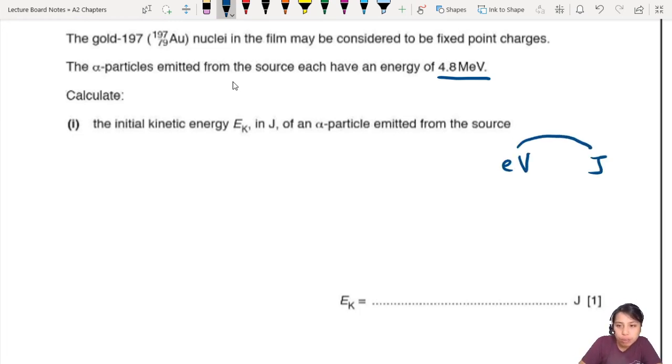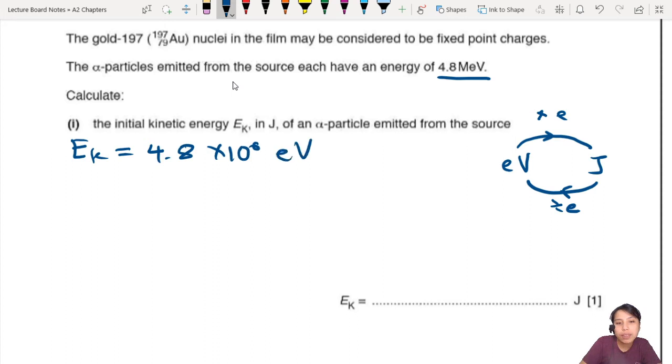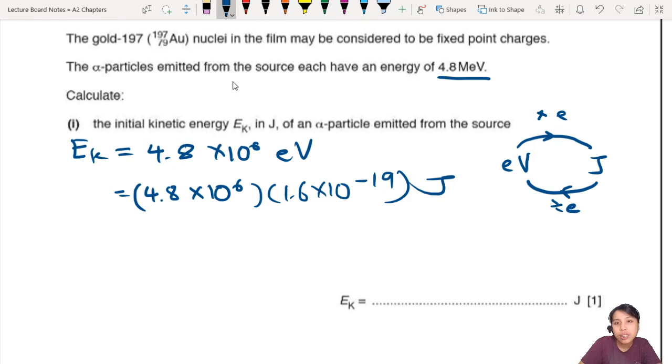If you want to get from eV to joule, you multiply by e. If you want to go from joule to eV, you divide by e. So we are trying to get kinetic energy. We already have 4.8 mega, so 10 to the power of 6 eV. If you want to convert that to joules, you multiply by 1.6 times 10 to the negative 19, which is this one right here, lor.